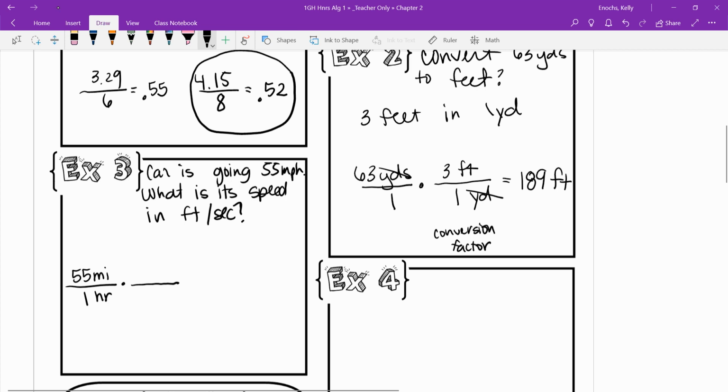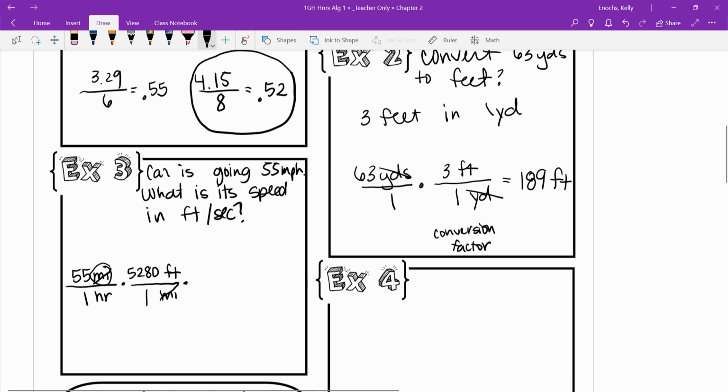Remember, if the miles is in the numerator, then I want miles in the denominator so that they will cancel out. So 1 mile, and 5,280 feet is in the numerator. That tells me I need to multiply my 55 times 5,280 feet.